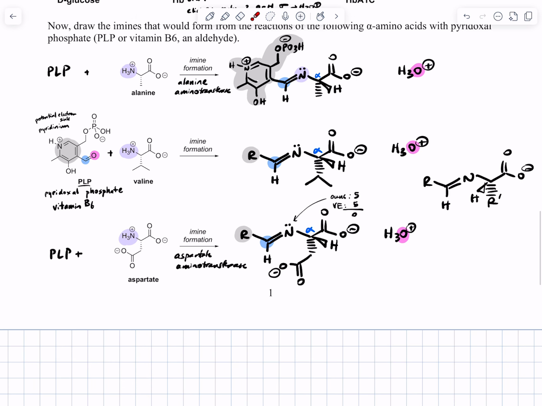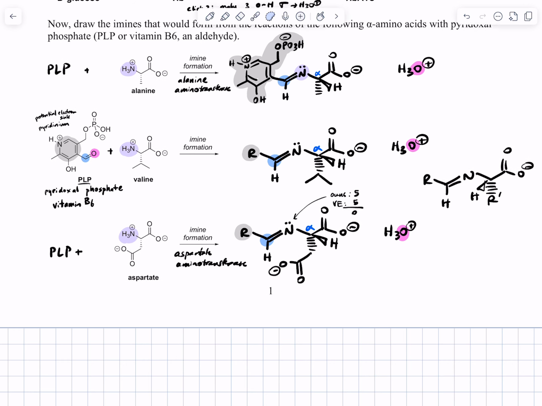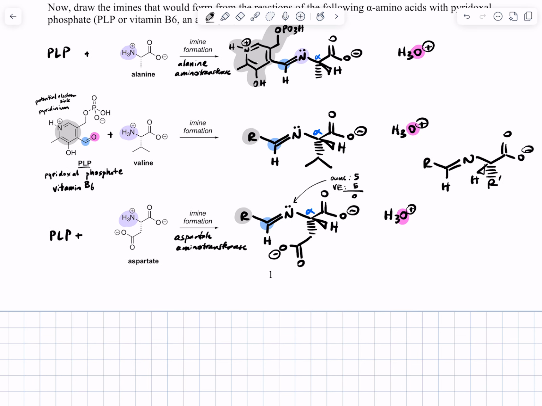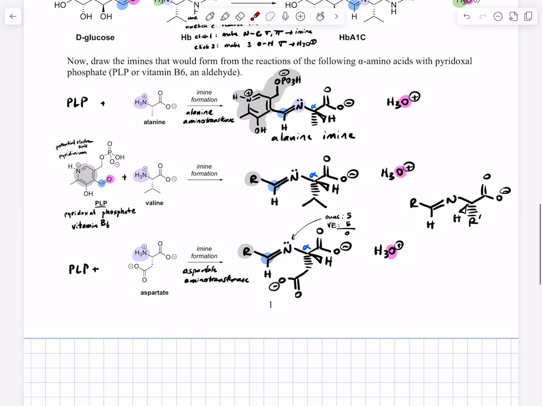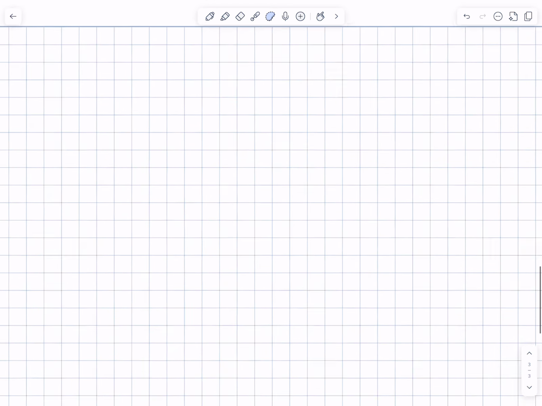What I want to do now is take the structure from the imine, we'll call this the alanine imine, and we'll copy it and put it on the next page.